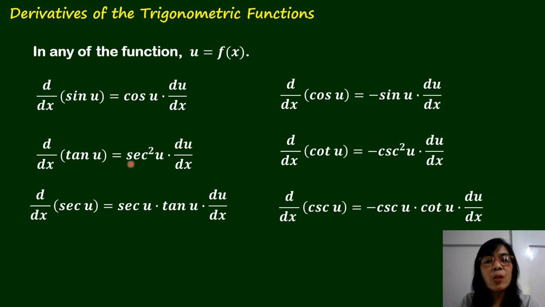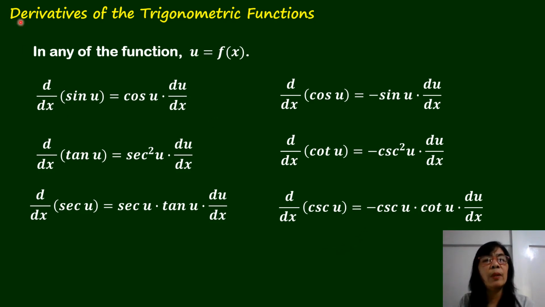The other pair functions are tangent and secant, and the pair functions cotangent and cosecant. Also remember that the derivatives of the co-functions, cosine angle, cotangent angle, and cosecant angle, are negative. The other techniques that maybe you can apply in memorizing the formulas will be for you to explore.